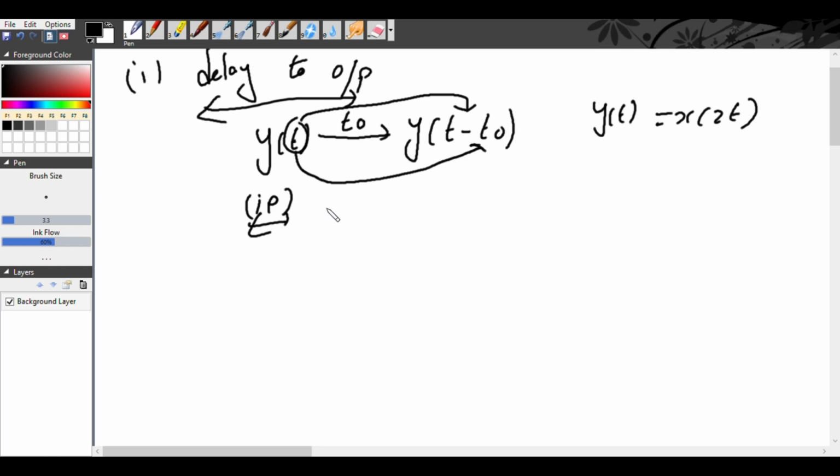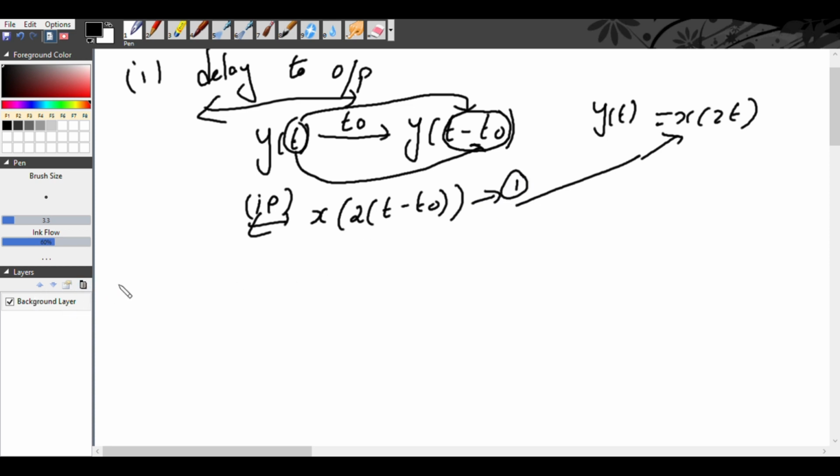So in our system x of 2t is the output. So when we give a delay t naught, what will happen? x of 2 into t minus t naught is what happens, because instead of t we are replacing it by t minus t naught. So after applying case 1, that is adding the delay to the output, this is the equation which we are getting.